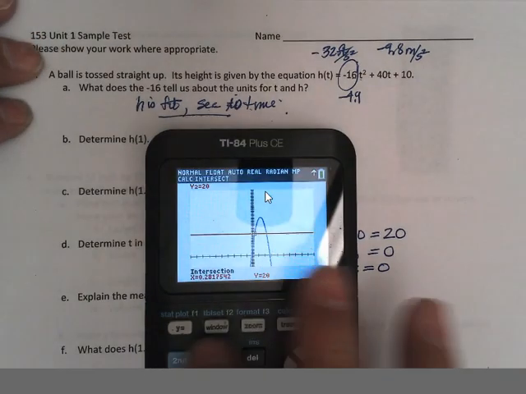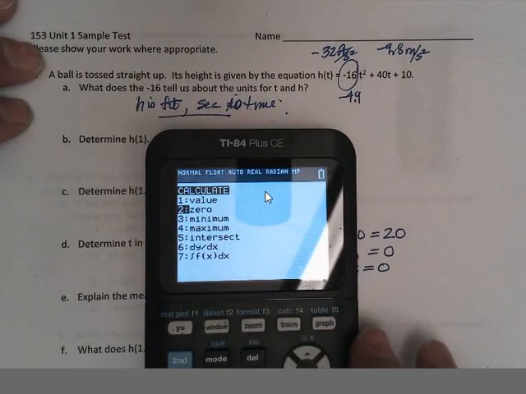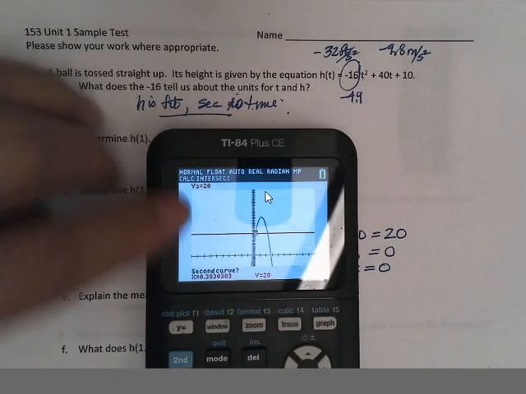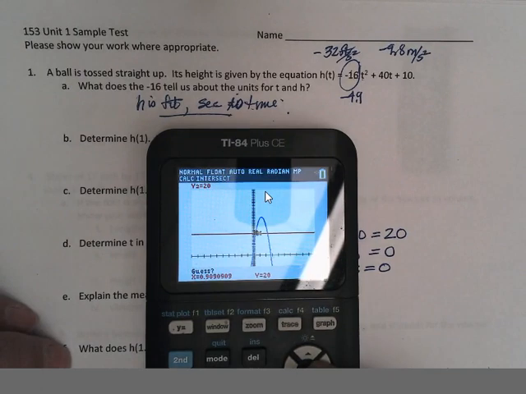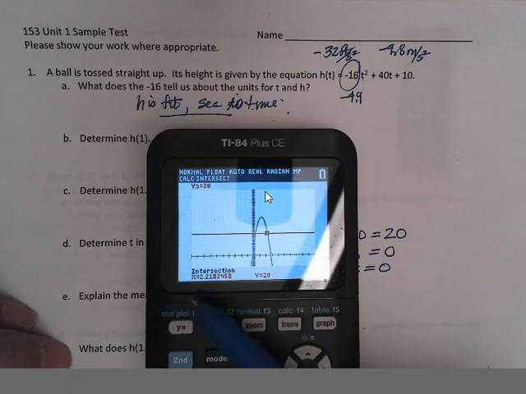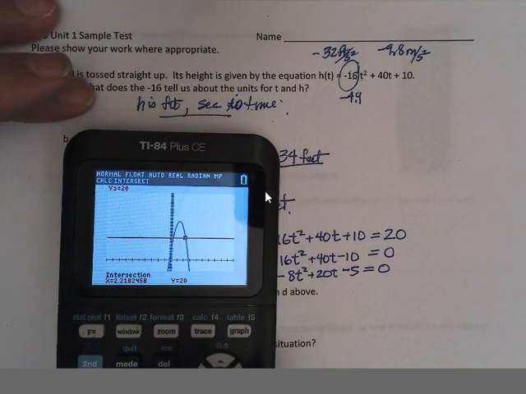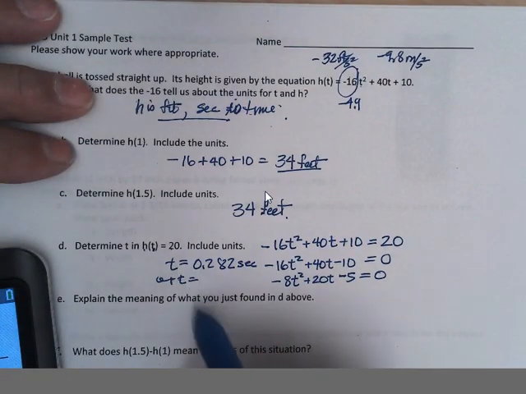Again, I did second, calculate the intersection of the blue curve, the red curve, and I need to find the one over here, so I need to get closer to that for my guess, and it says that one's 2.22 seconds, 2.218 seconds.